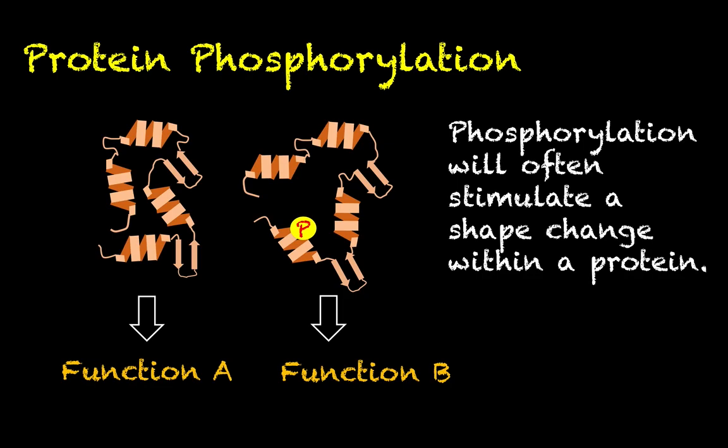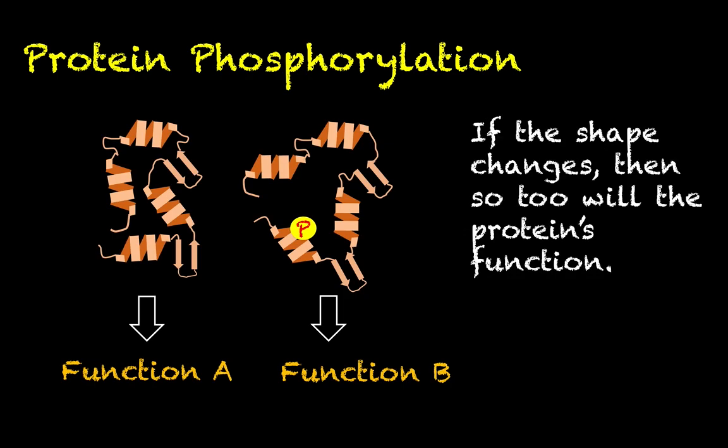So don't walk away from this thinking that phosphorylation is a minor thing. It is actually a very major thing because it can completely turn around how a protein functions inside the cell. The takeaway here is that even if you just change the shape of the protein a little, that can produce a very large and very noticeable change in that protein's function. If the shape changes, the protein's function is going to change as well.